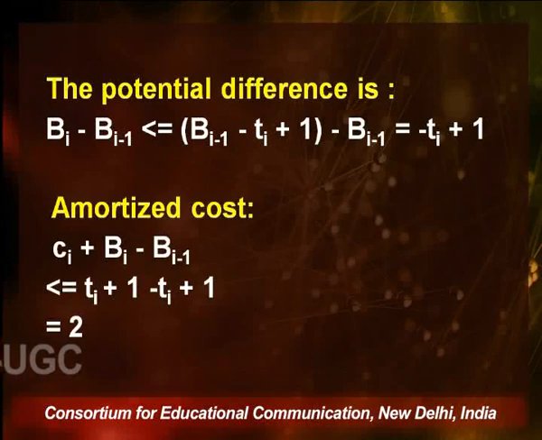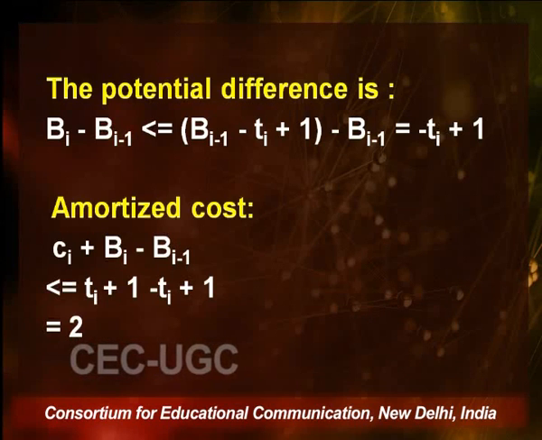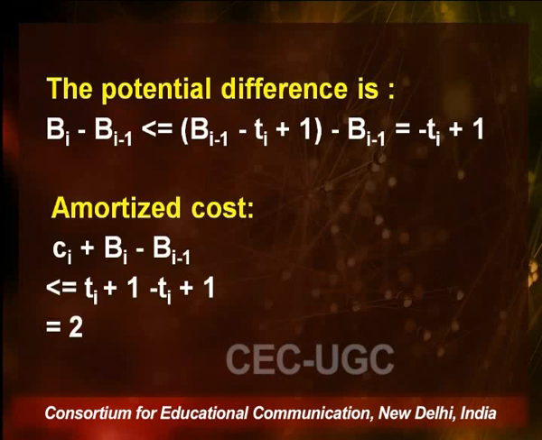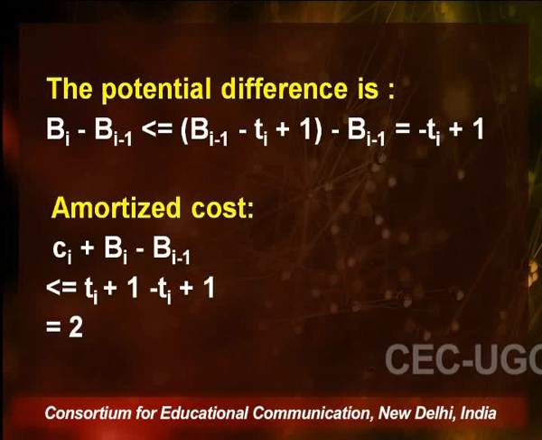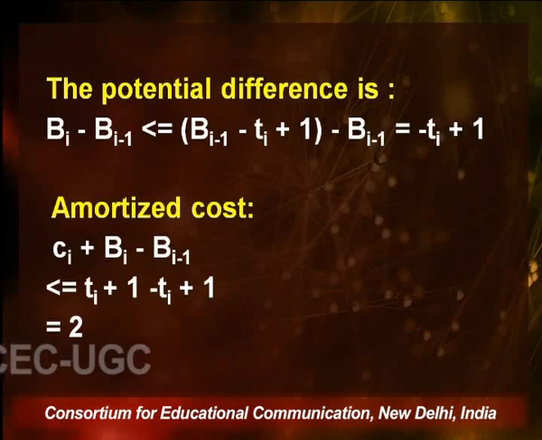Now, please recall that in potential analysis, what are we focusing upon? We need to calculate the potential difference, and that potential difference, when added to the actual cost, is going to give me the amortized cost. So, amortized cost is equal to actual cost plus difference in potential.